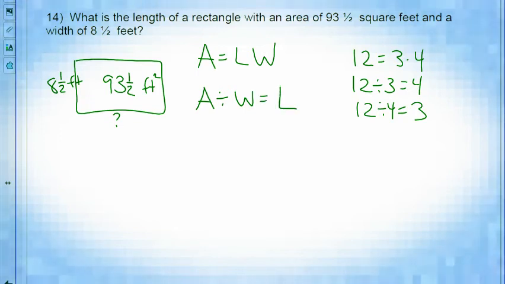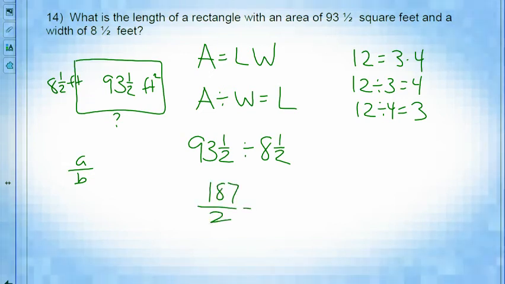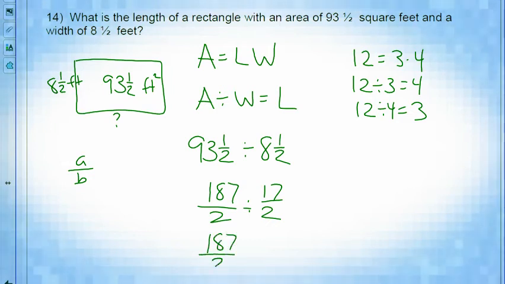That being said, let's set it up. 93 and 1/2 divided by 8 and 1/2. I need them in the form of A over B. 93 times 2 is 186, plus 1 is 187 halves, divided by 8 times 2 is 16, plus 1 is 17 halves, which is 187 halves times 2/17.